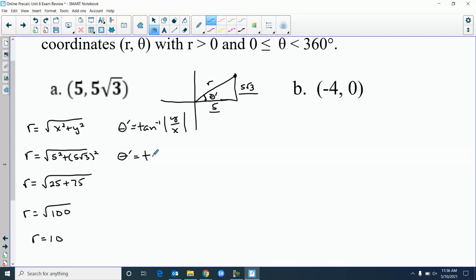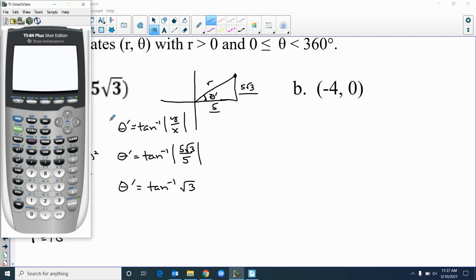So my reference angle equals inverse tangent of 5 square root of 3 over 5. Now you can type that in your calculator, but you can also notice that those 5's cancel. And I can write this as theta prime equals inverse tangent of square root of 3 because it's positive. Make sure I'm in degree mode.